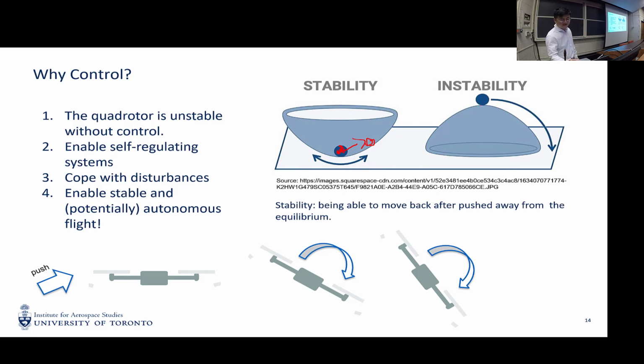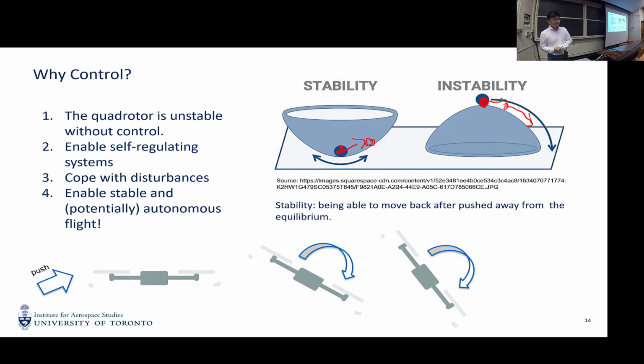But being unstable means that it's like a particle on top of a ball. It's a sphere. Okay? So if we have a push, it will just move without stopping. So it will move away from the equilibrium and without getting back. So that's the basic idea about being stable and unstable.